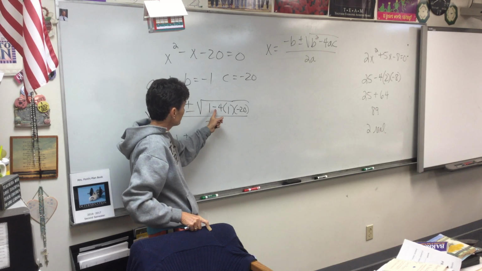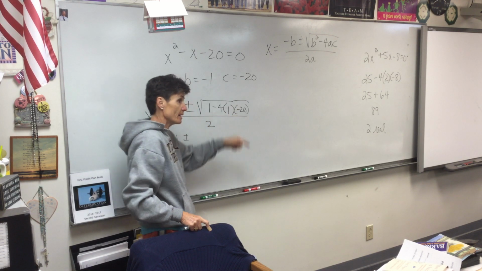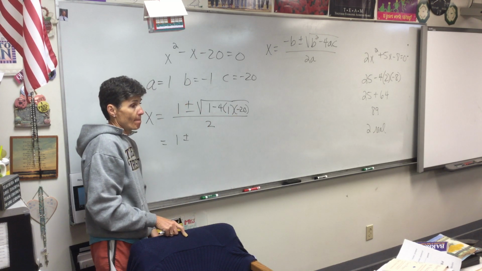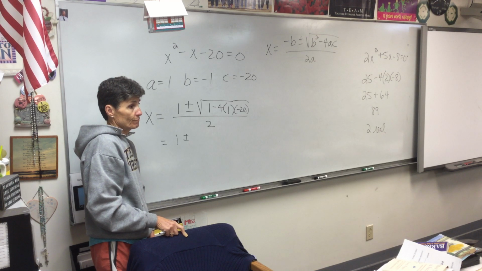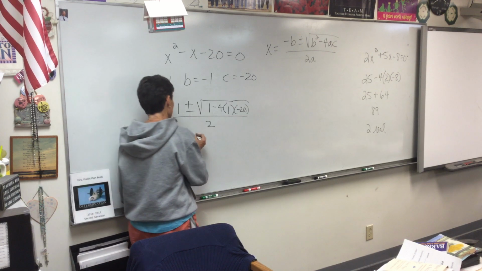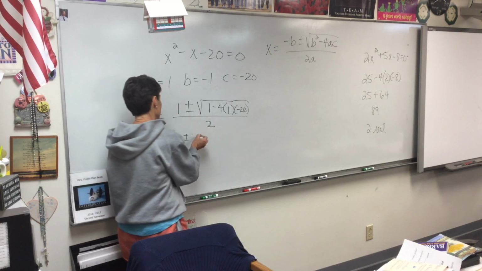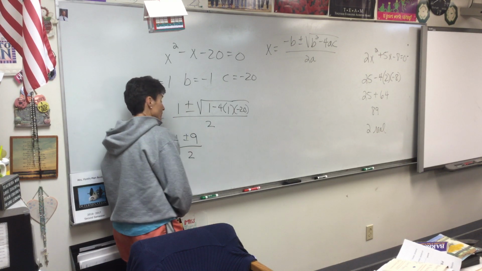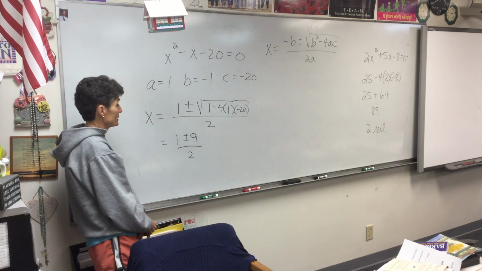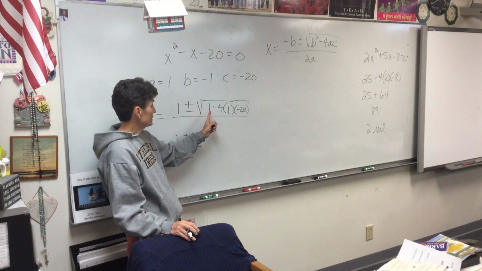So we're going to have 1 plus 80, which is 81, and the square root of 81 is 9. Now did I skip too many steps there?